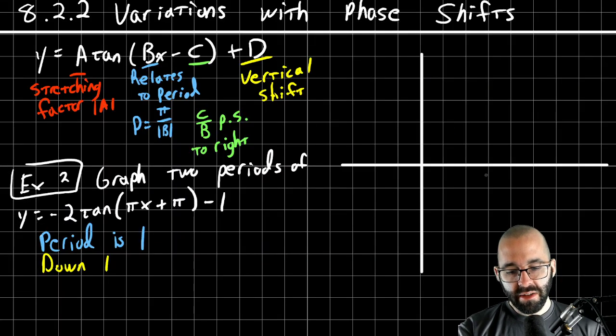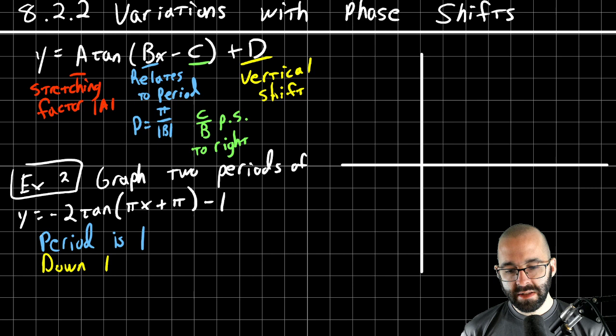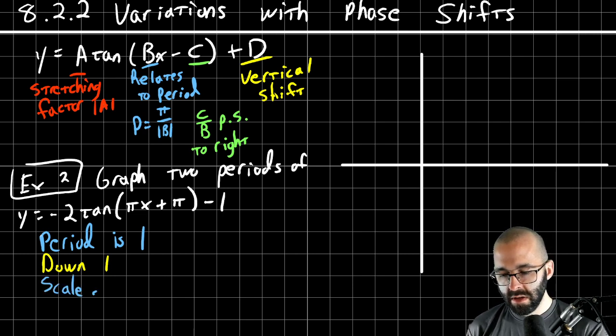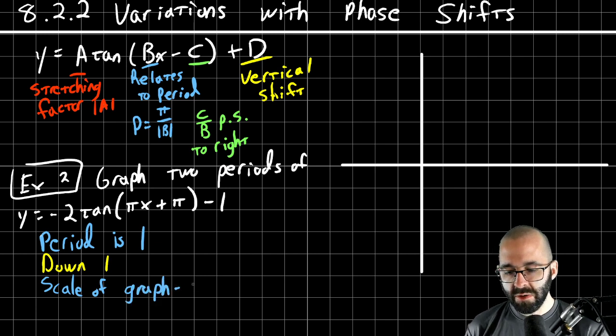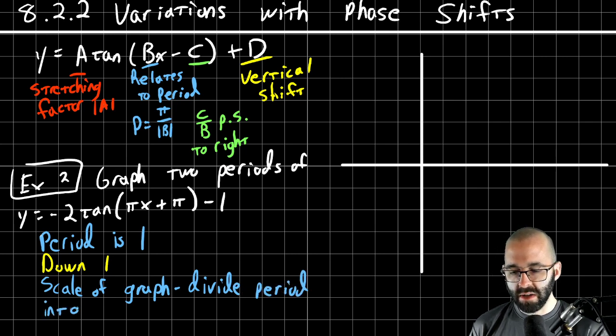All right, but before we graph things, we need to include the scale. So let's use a similar scale to what we're using here. The period is 1. Usually when you choose the scale, this is a good comment to make, choose the scale relating to the period. Usually it's helpful to divide the period into 4 parts.